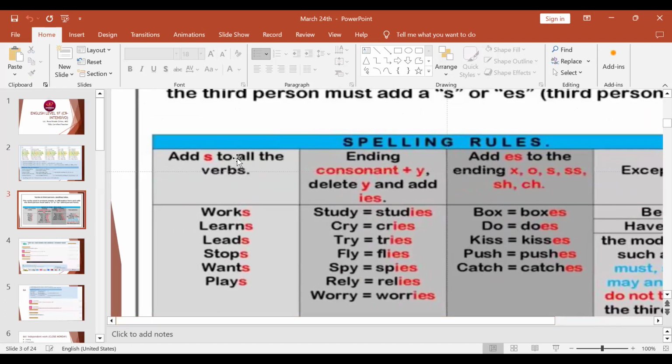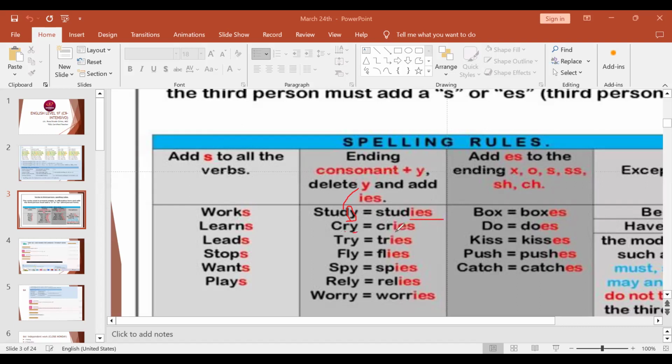The verbs, for example, work, learn, read, stop, want, and play: we add the S. We change the Y when we have, in this case, consonant and Y, we change it for IES.